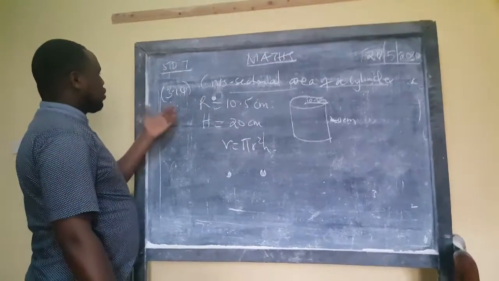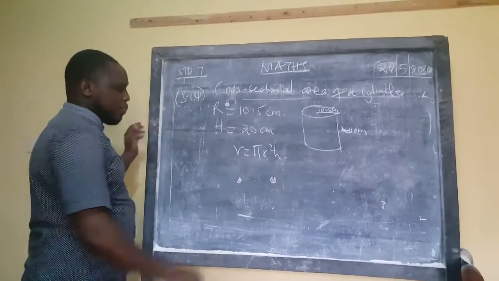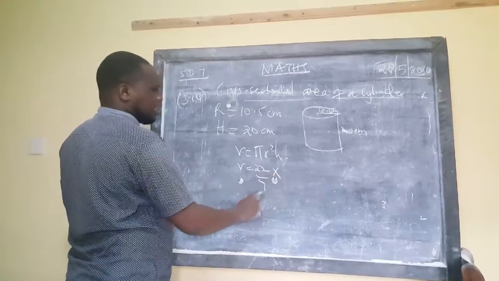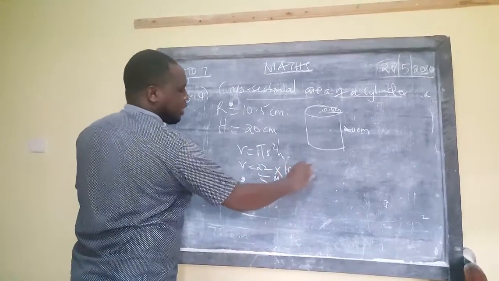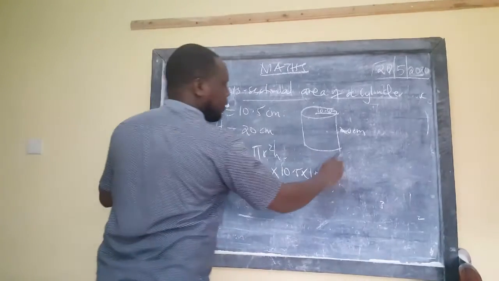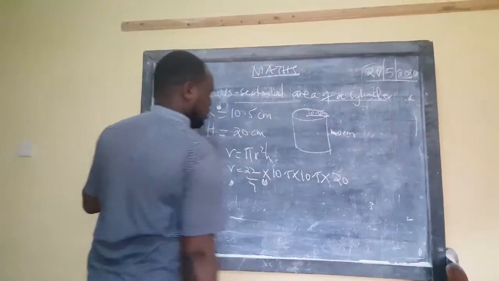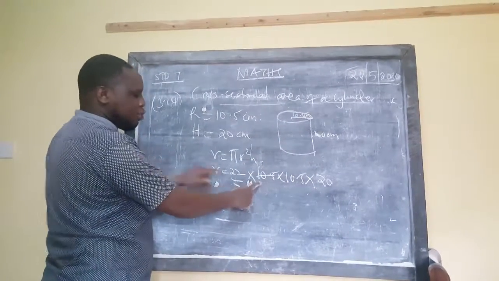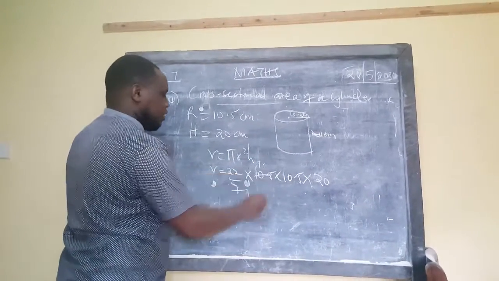Now, remember, we are not going to use this pi, we are using the other pi. So our volume is supposed to be 22/7 times the radius, what is the radius? 10.5 squared. 10.5 times 10.5 times our height, which is 20 centimeters. So 7 gets into 10 one time, you remain with 3. So 0.5.